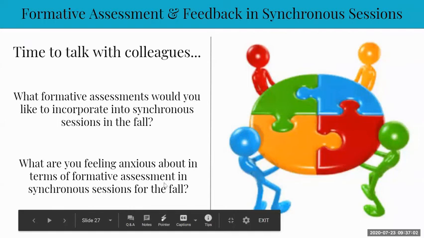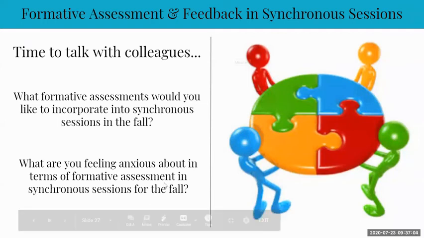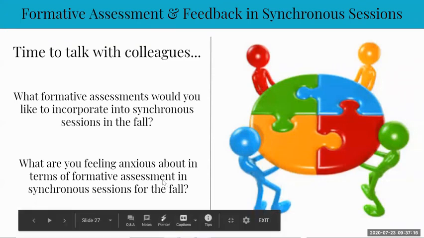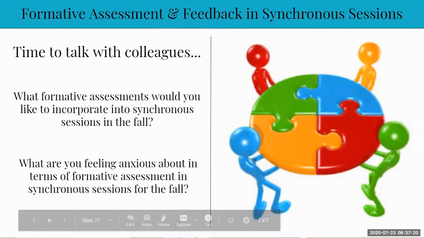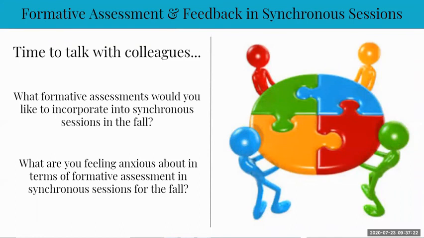Now, when it comes to both Kahoot and Pear Deck, before we give you a chance to chat with your colleagues, there is one big challenge for both of those tools that you'll have to be thoughtful about if you want to use them, and that is the juggling of screens for kids. For both of those tools, you would have something projected on the screen in class, and then kids would be working on their own screens at their tables.